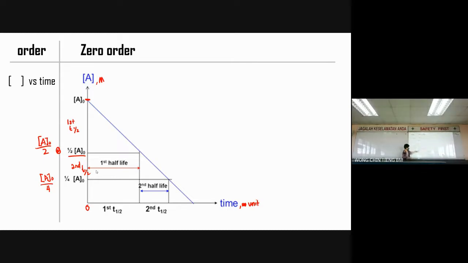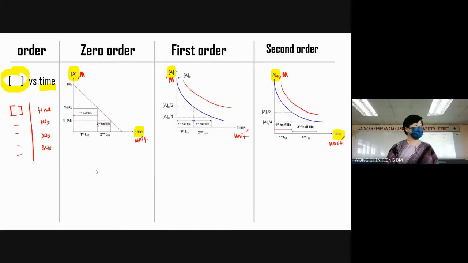Lepas tu, second half-life, concentration bahagi 4. Second half-life, masa ke mana. So, kita tengok jarak antara ni. This one and this one. Okay, kita tengok dua jaraknya. Dan kalau dia the second jadi cepat daripada the first half-life. Now, and the same method will be used for your first order and second order. Remember the first order and your second order curve, dua-dua nampak macam curve, betul? So macam mana nak bezakan diorang?